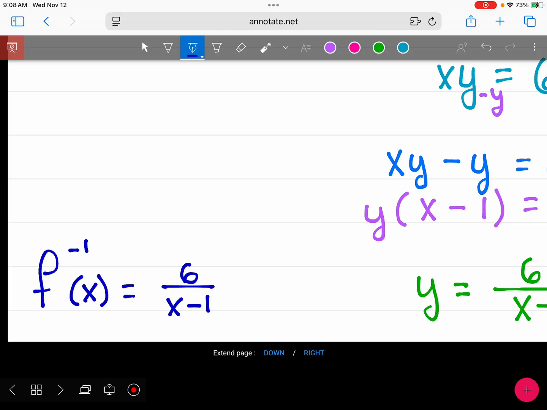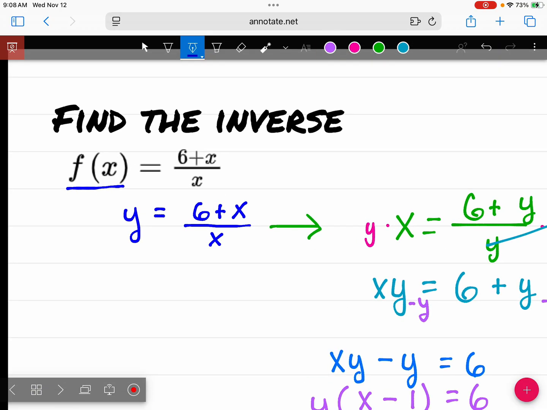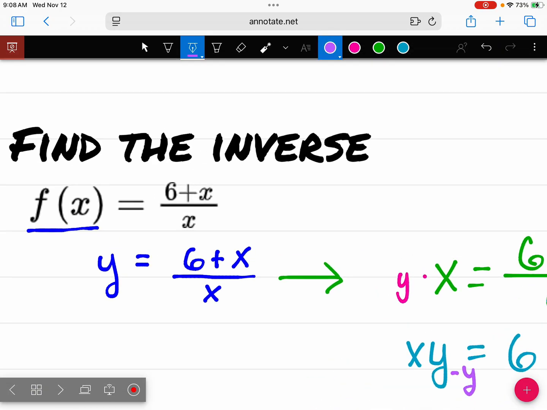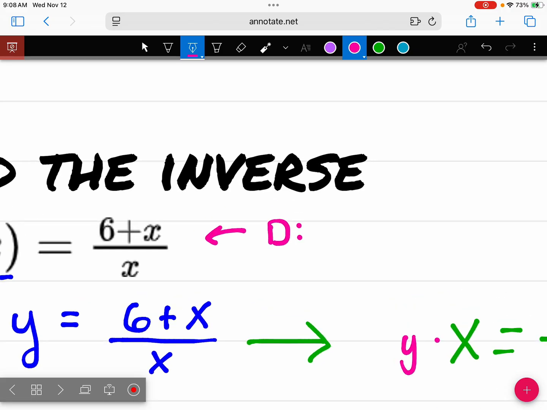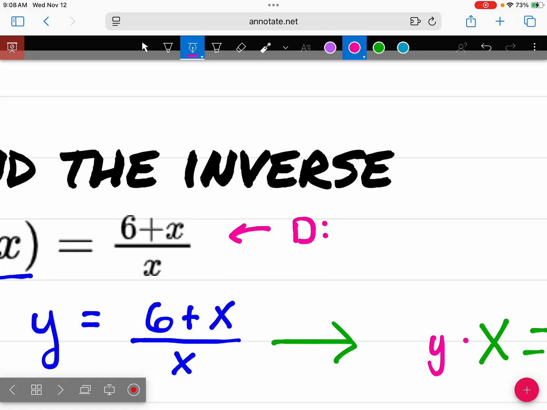Okay. We're going to practice a couple more of these. We'll do at least one more rational in here. I want to show you a couple of the weird ways they're going to write problems down for us. Before we get too far on this, let's think about our domain and range here. What is the domain on our f of x up here? Negative infinity to 1. Ooh, not 1 on the domain here.